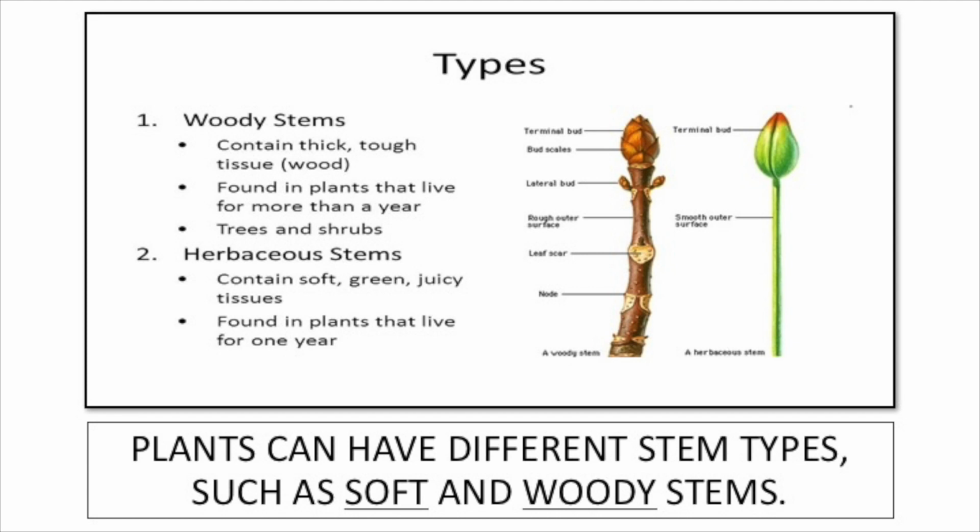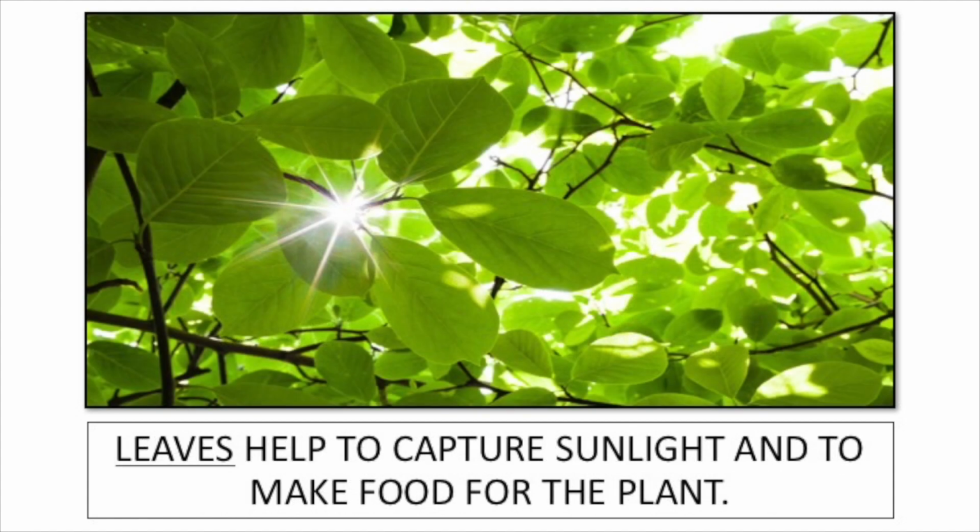That means that the stem can bend. But the next type of stem, the brown one, woody stem. And it's like a stick. It's a hard piece of wood. That means it can't bend. And all plants will have one of these two types of stem systems. And then we can look at leaves.